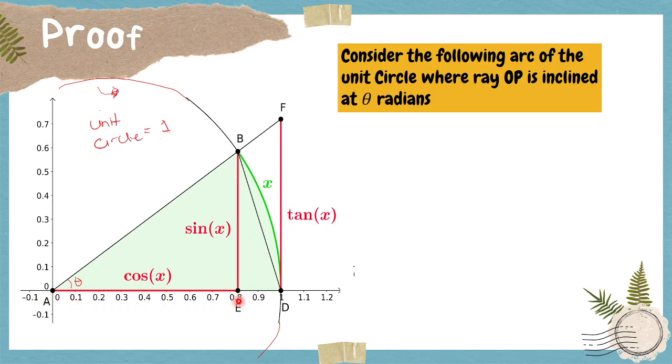Now, how are we going to consider the region? So, this ray, let's say ray AB. Now, how are we going to use the squeeze theorem?